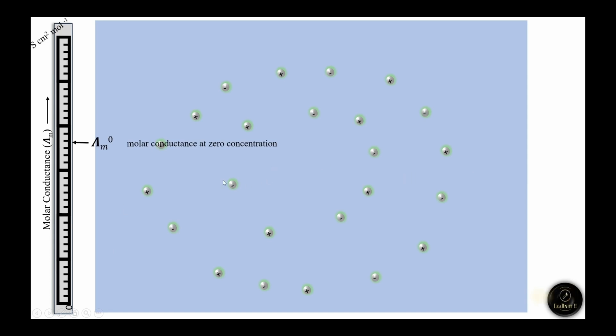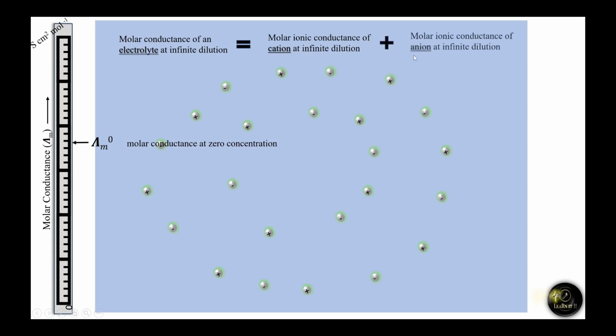That's why the molar conductance of an electrolyte at infinite dilution is equal to what? There are ions, cations and anions. So it is the molar ionic conductance of cation at infinite dilution plus the molar ionic conductance of anion at infinite dilution.